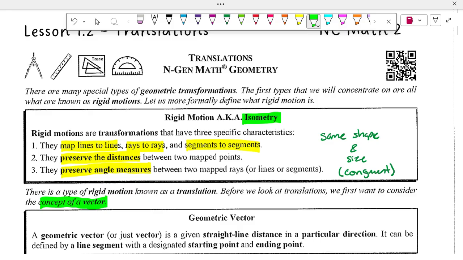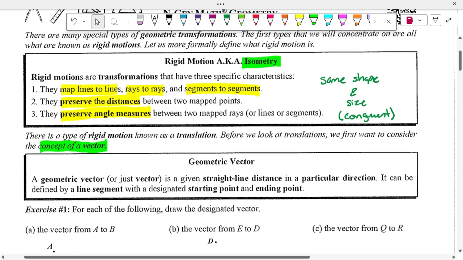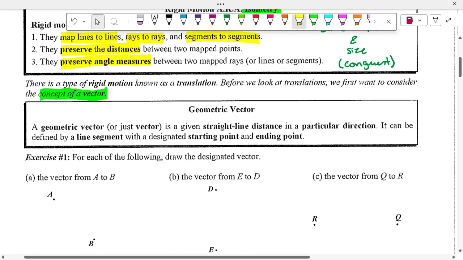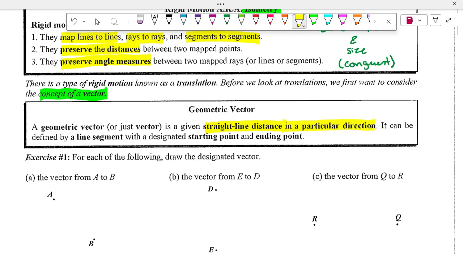But essentially, geometric vectors are pretty simple. All it is is a straight line distance in a particular direction. So it's a line segment that has a designated starting point and ending point.